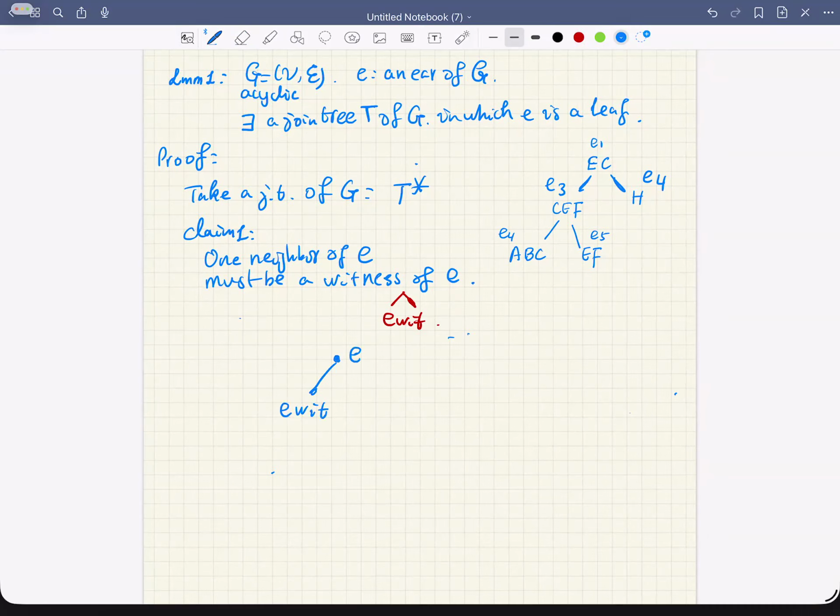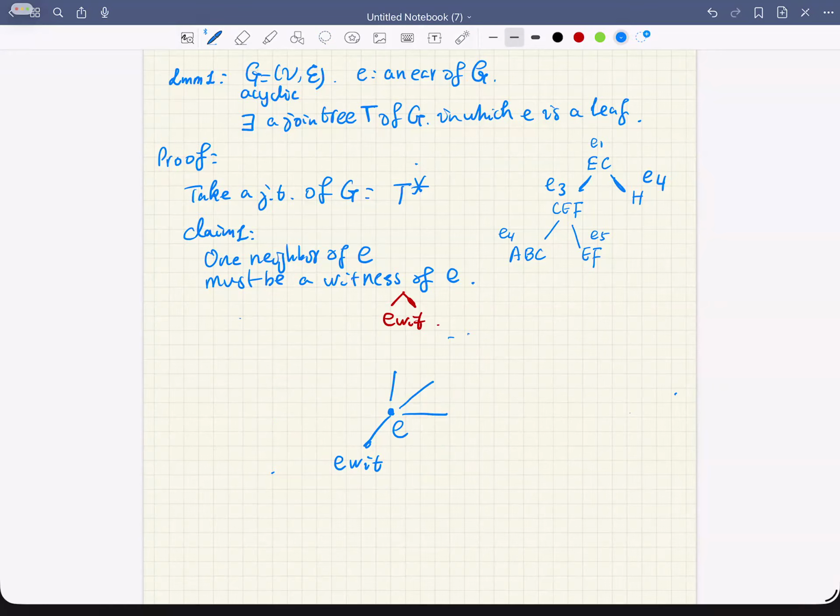Fair enough. And this Yi has at least one other edge. Otherwise, Yi would be a leaf, and then we'd be done. So let's say that these are the edges of Yi. I don't really care how many it has, but just for illustration, let's say it has three other neighbors.